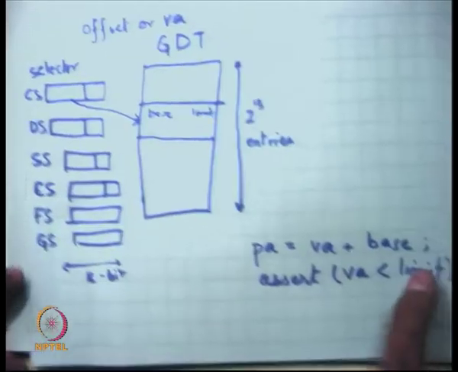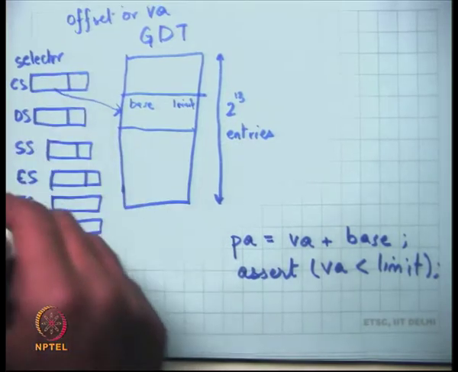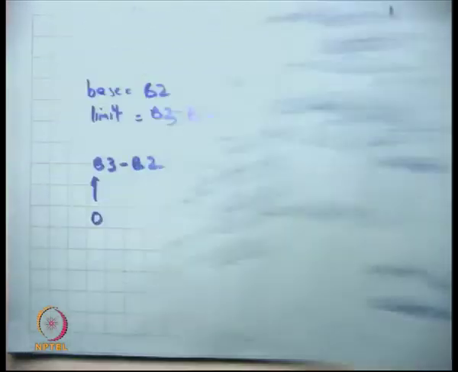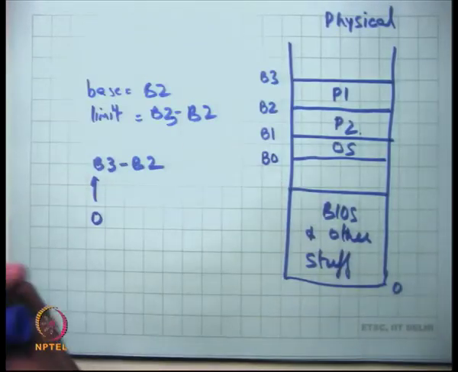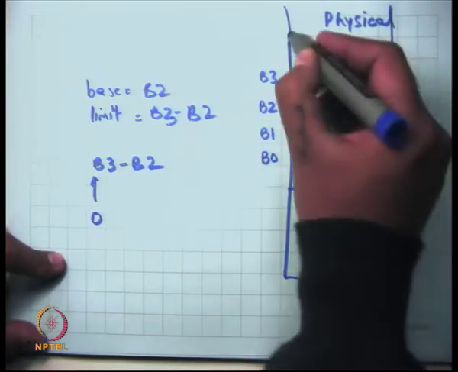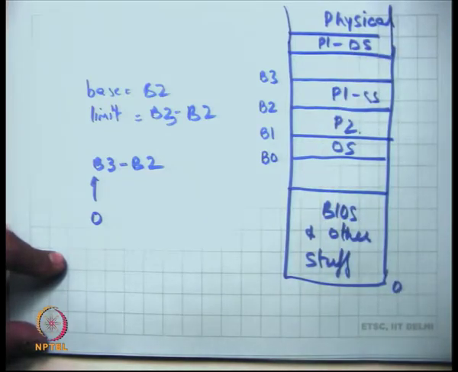One could relax that requirement by saying that look, there are 6 segments, so I should ideally allow up to 6 different contiguous segments, right? So an OS could be more complex and say, I'm going to have P1 CS here and P1 DS here or something, right?